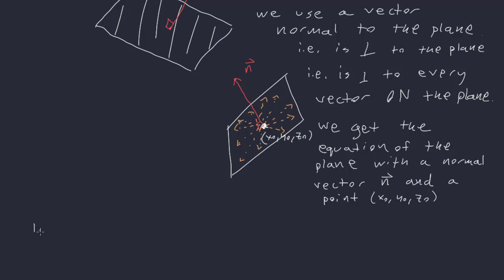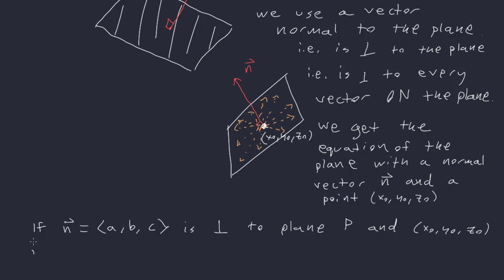So if N, which let's say is the vector ABC, is normal to the plane P, and x naught, y naught, z naught is a point on the plane, exactly how we drew up here, and N is a vector that is perpendicular to the plane.